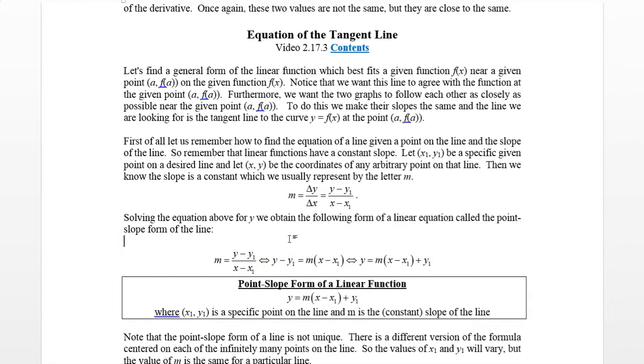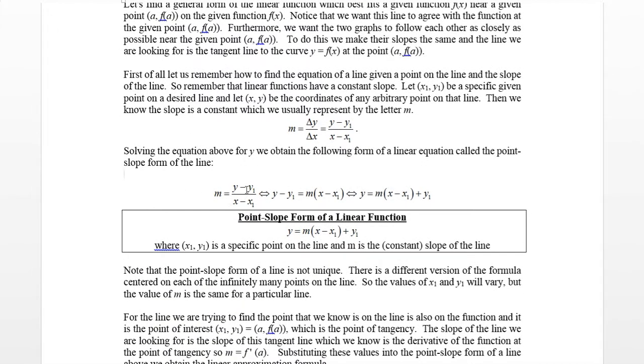Well, we simply solve this for y to get a nice form of the equation. We take m equals y minus y1 over x minus x1 and solve for y. To do that, we start by multiplying both sides of the equation by x minus x sub 1. That gets y minus y sub 1 equals m times x minus x sub 1. You'll often see the formula left like that. And then sometimes we'll add y sub 1 to both sides to get y by itself.